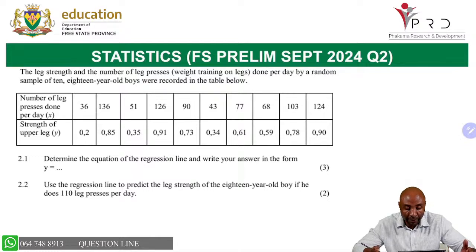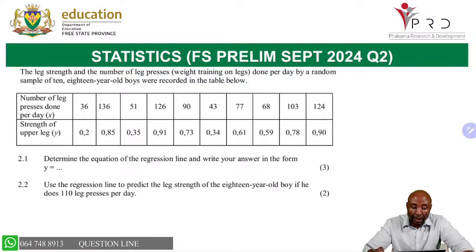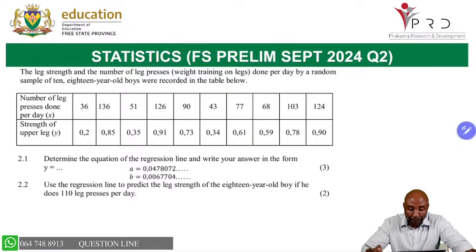We use our calculators, 2 variable statistics. We enter our x values onto our calculator. We enter our y values. We save, and then we go to statistics mode. We are able to get our value of A, and we got our value of A as 0.0478072, and our B value is 0.067704.